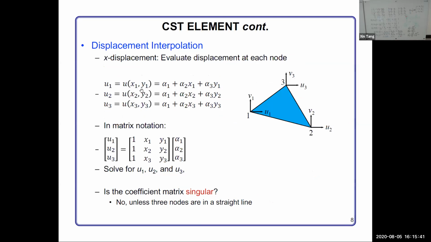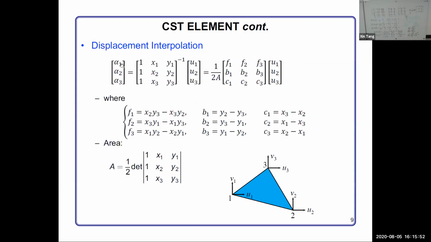How to do that? We have discussed it already. We can invert this non-singular matrix, and then the alpha vector, alpha1, alpha2, alpha3, can be rewritten in this form: 1 over 2A, where A is the area of the triangle, times the matrix of F1, F2, F3, B1, B2, B3, C1, C2, C3, which is the inverse of the transformation matrix, times the 3 displacements.